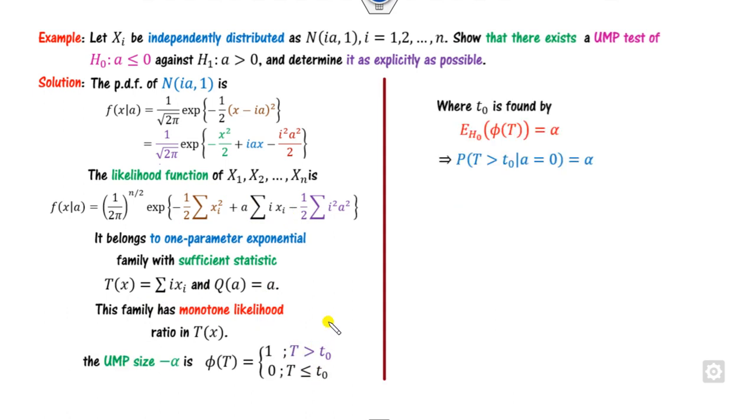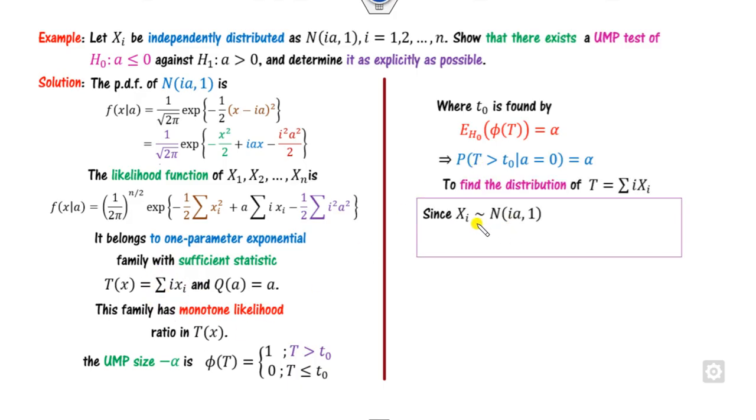How can you find the t0, which is here? But you need to find the test statistic distribution of this t. What is that t? Here. How do you find that? That's very simple, because xi follows a normal distribution. So we need the i of xi. What is the mean of i xi? That's the mean.